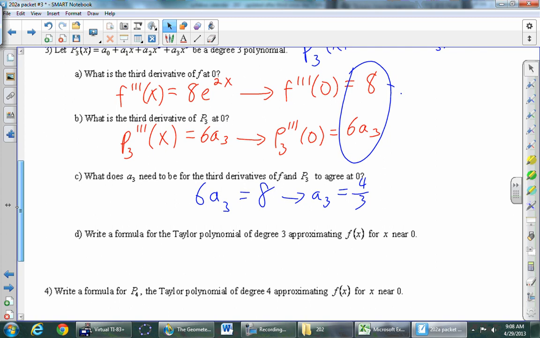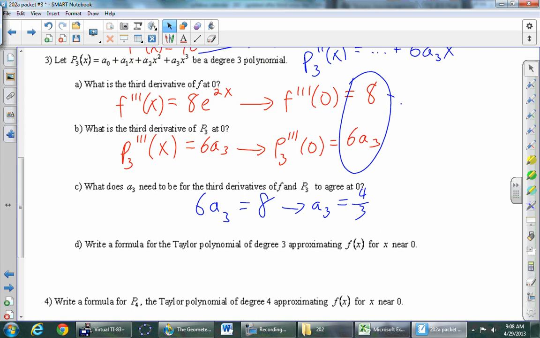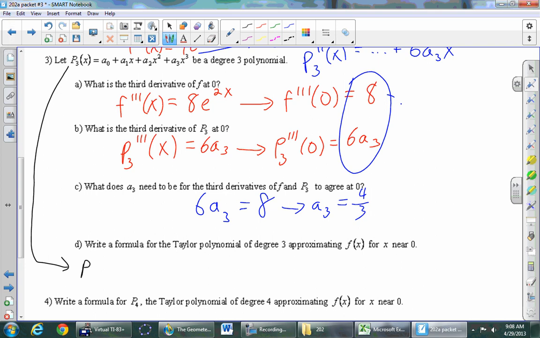So again, I'm going to graph stuff on the calculator, but let's first write our formula now. P sub 3 of x, the best cubic we can find to match up with that exponential function. It starts up here at the top with a0. It's still how much? A0 is 1. It has always been 1.